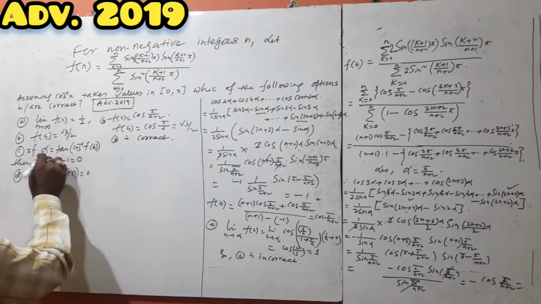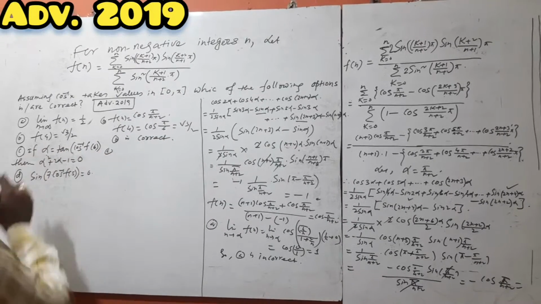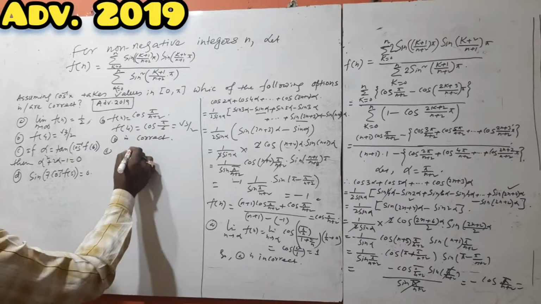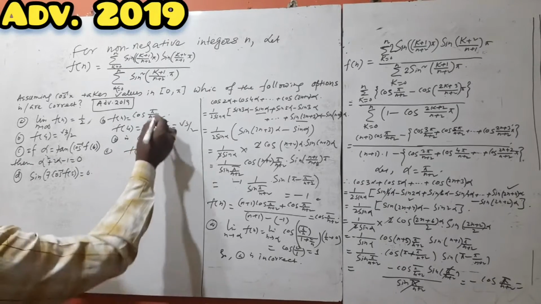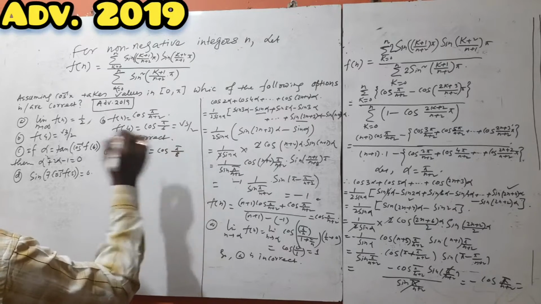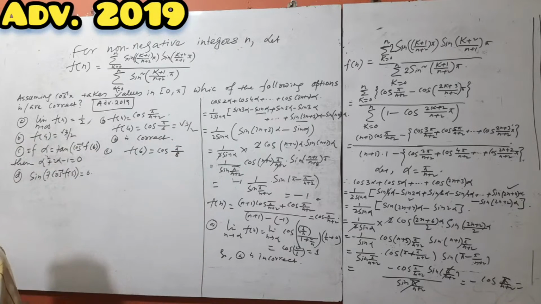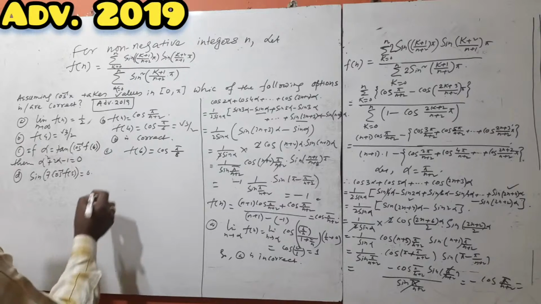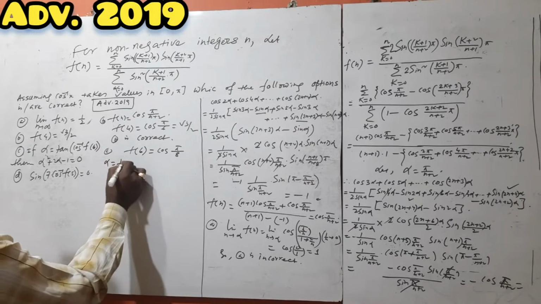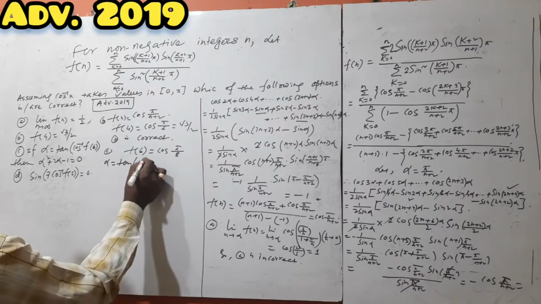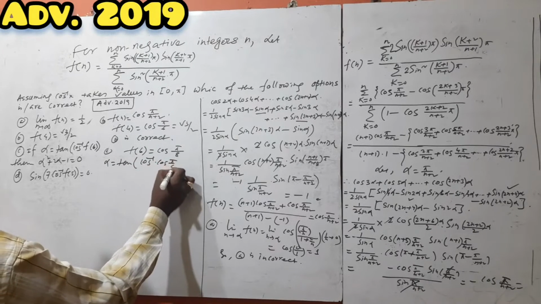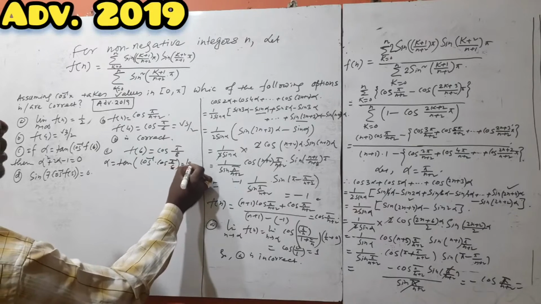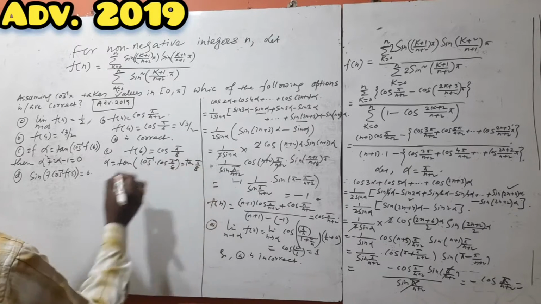Okay, now option C, and now find first f of 6, and this is cos of pi over 8. Okay, and alpha is equal to tan of cos inverse of cos pi over 8, and this is tan pi over 8.